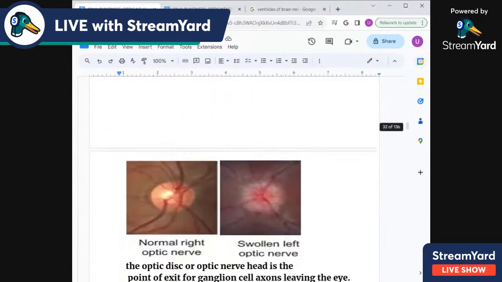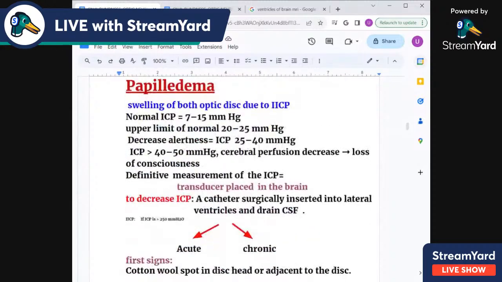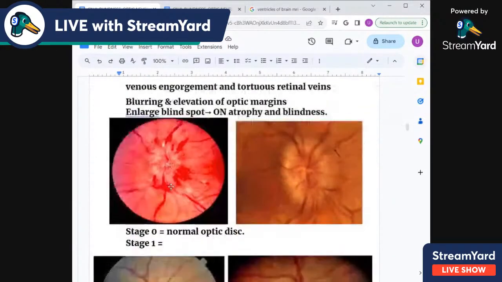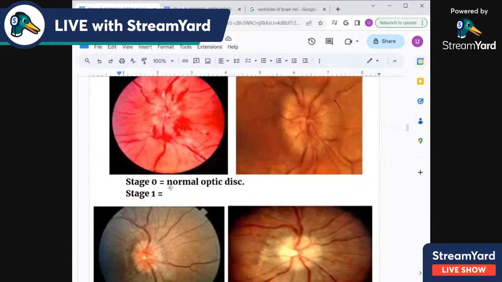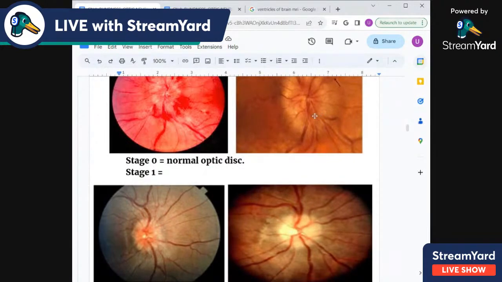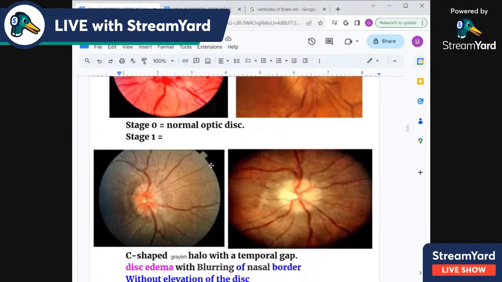then we did the papilledema, its clinical features, its stages. Stage 1, we have incomplete C-shaped grayish halo. Then stage 2 is the complete grayish halo.